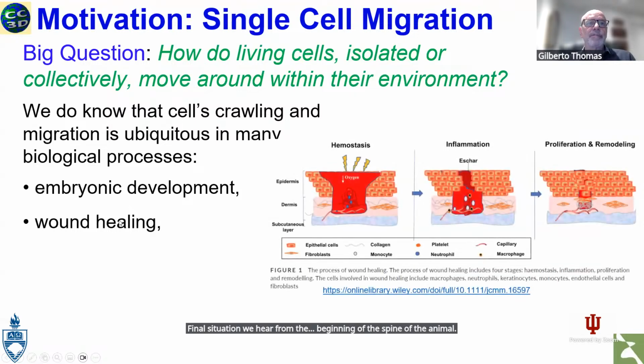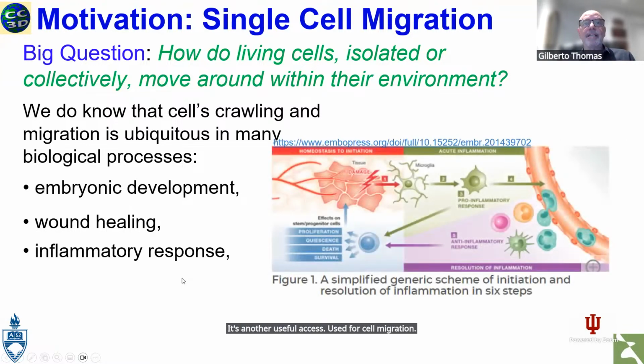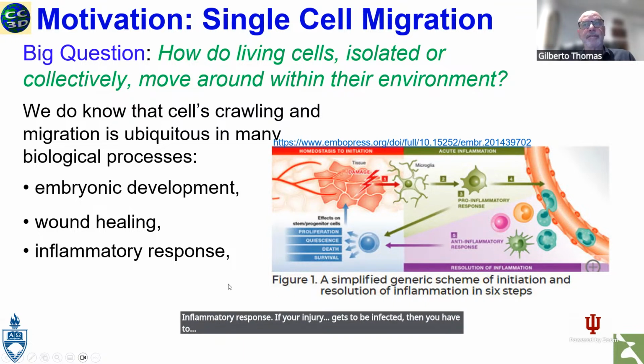Then you have wound healing. If you have some injury, the cells in your blood run to your injury and try to close it. It's another useful use for cell migration. Inflammatory response: if your injury gets infected, then you have to cure that infection, and the immune system will act.